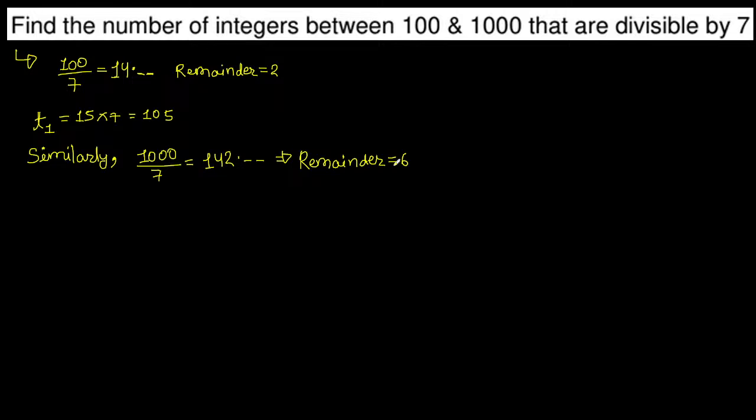Okay, so we can say that Tn term is 142, 143 into 7, which is 1001.